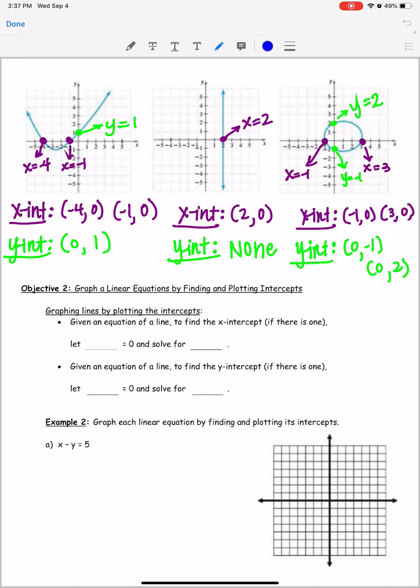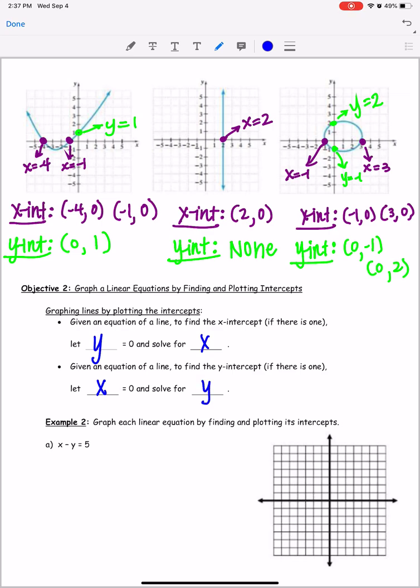Given an equation of a line, to find the x-intercept, if there is any, let y equal 0, solve for x. Vice versa, given the equation of a line, to find a y-intercept, if there is one, let x equal 0, solve for y.